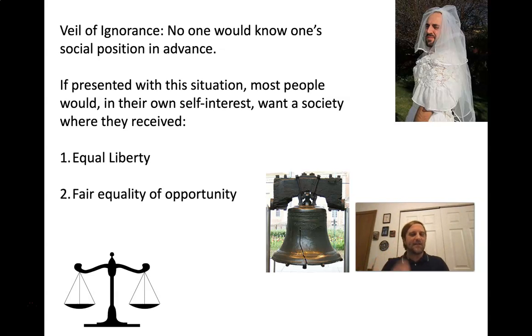So he says that when people act in their own self-interest, what they would probably want is to be thrown into a society where there's relative equality of liberty, where you're able to speak your mind or practice the religion you want, listen to the music you want, drive if you want, that sort of thing. So he says that out of people's own self-interest, they would want a system of relative equality of liberty.